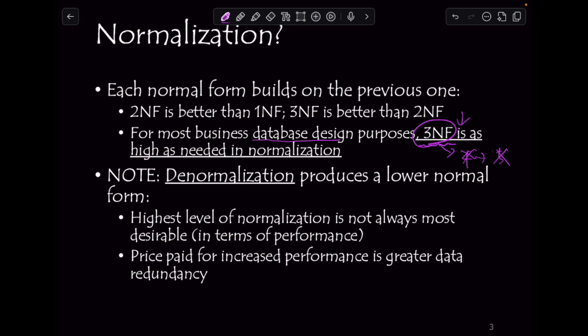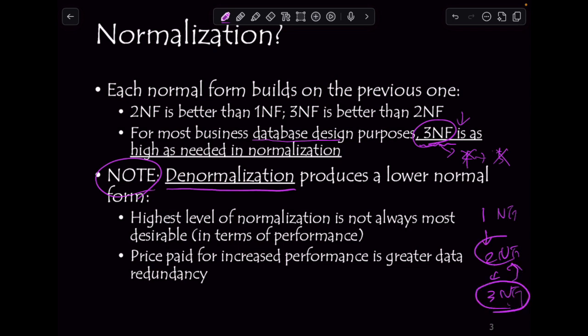As we get to higher normal forms, in general it's better from the database designer's perspective because we have fewer redundancies and anomalies. So if you get the first, second and third normal form, sometimes you may want to intentionally go back to the second normal form or intentionally go back to the first normal form. Why do we need that? Because from the database designer's perspective, it's always good to remove redundancies.